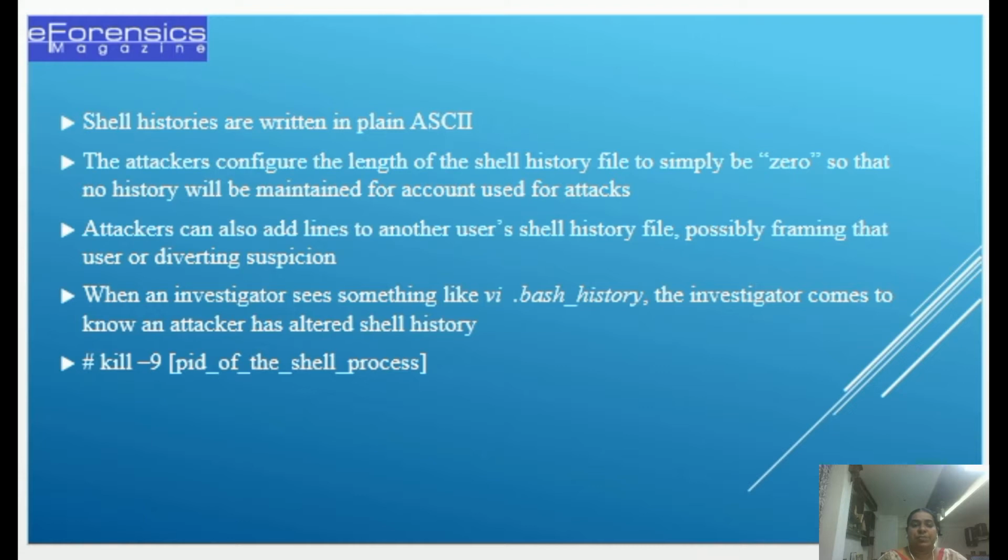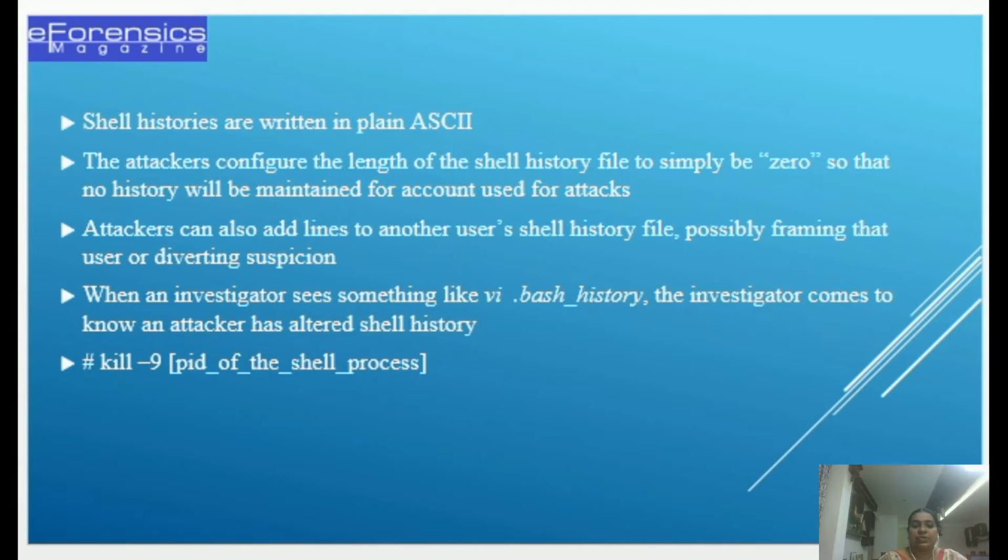It's important to remember that shell history is written when the shell is exited. The user won't see the most recent commands in shell history. They are stored in memory until the shell is exited gracefully. At that time, they are written to the shell history file. This has a significant impact for attackers editing shell history.